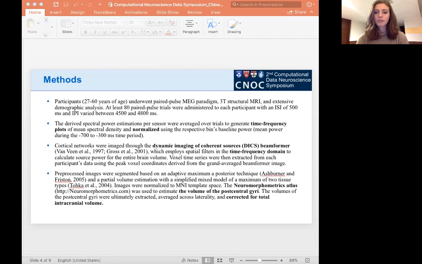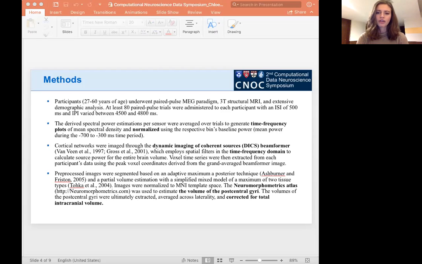Cortical networks were imaged through the dynamic imaging of coherent sources, or DICS beamformer. This technology employs spatial filters in the time frequency domain to calculate source power for the entire brain volume. Voxel time series were then extracted from each participant's data.